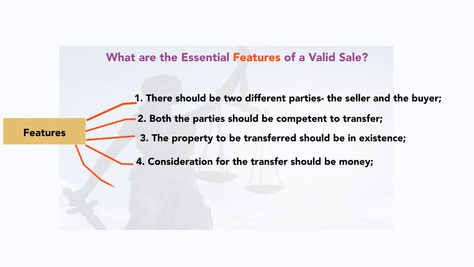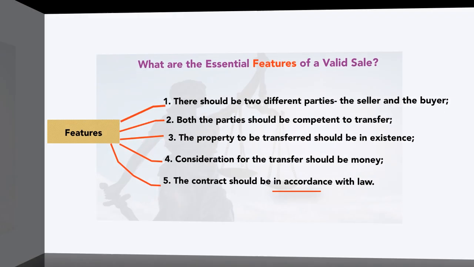Usually it is money. The contract should be in accordance with the law. What does it mean? Whatever the terms and conditions of your contract are, they have to be under the purview of law. You shouldn't make any such terms and conditions which are legally not possible. So that is not allowed.